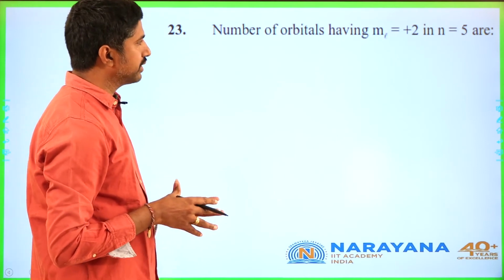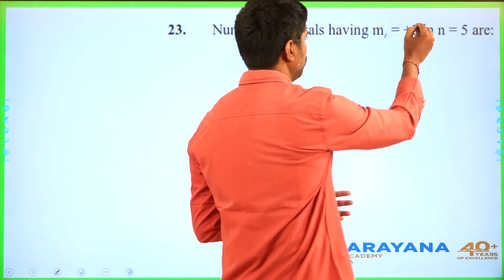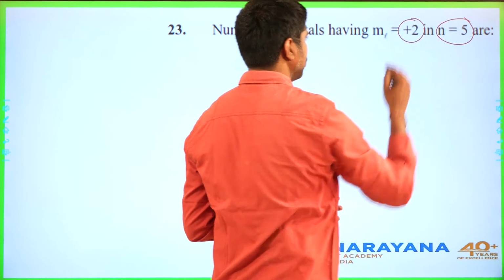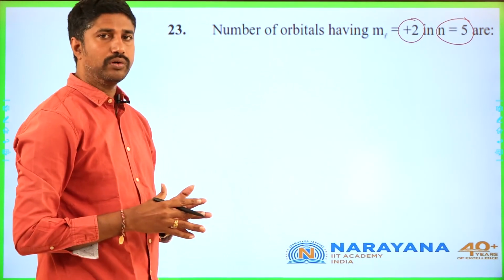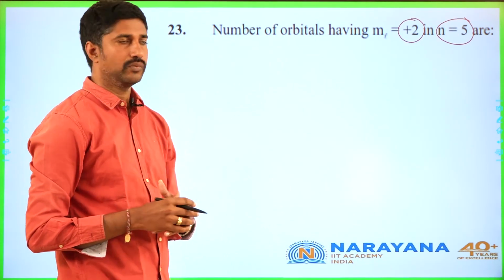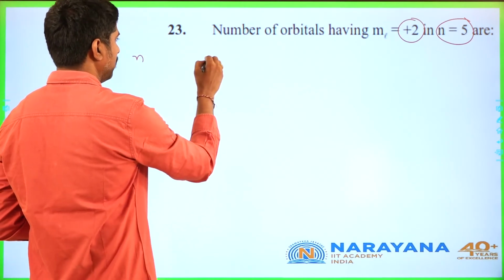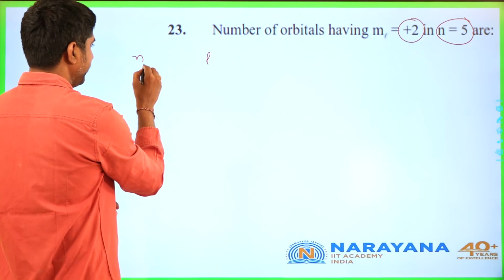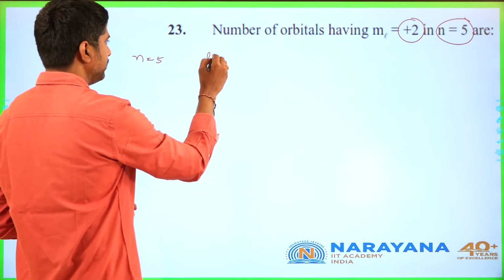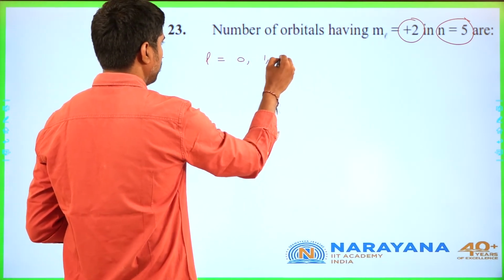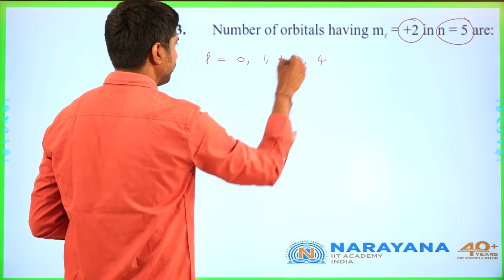Number of orbitals having ml equal to +2 in n equal to 5. n equal to 5 means the fifth orbit. We know that for a given n we can write l. If n is equal to 5, then l is equal to 0, 1, 2, 3 and 4.